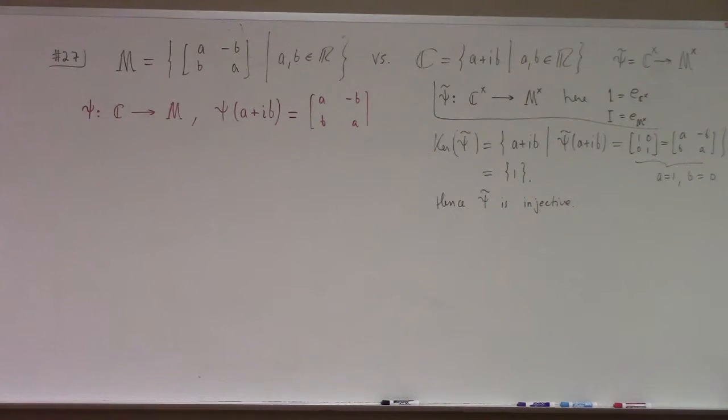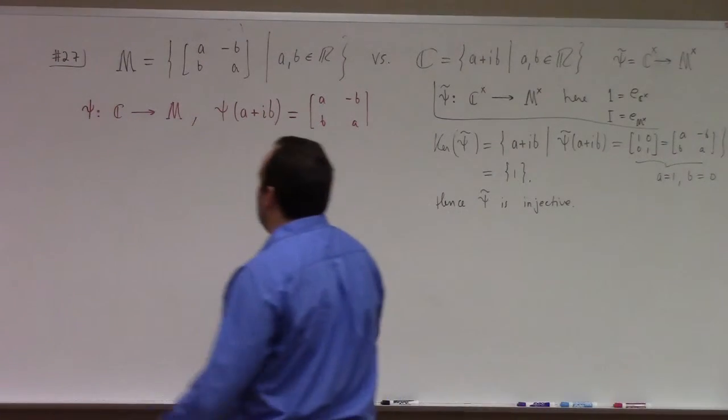Now again, I'm cheating. What do I have to do before I use this? I shouldn't say that until I've shown that psi tilde is actually a homomorphism. I only get to use that trivial kernel implies injectivity for homomorphisms of groups. I have not proved that psi tilde is a homomorphism yet, so let's do that.